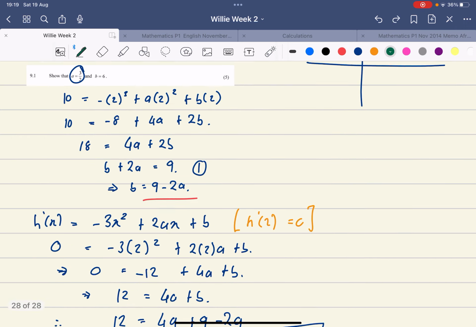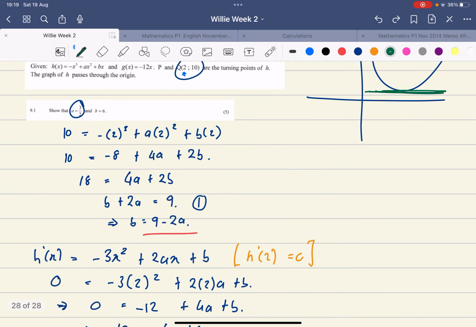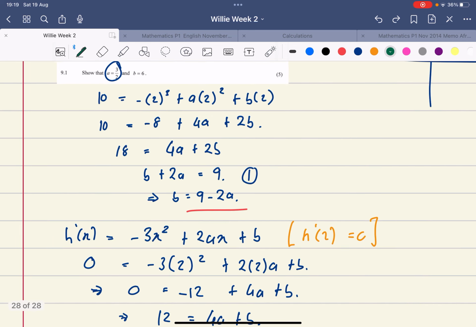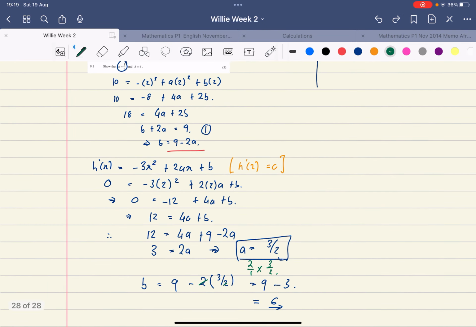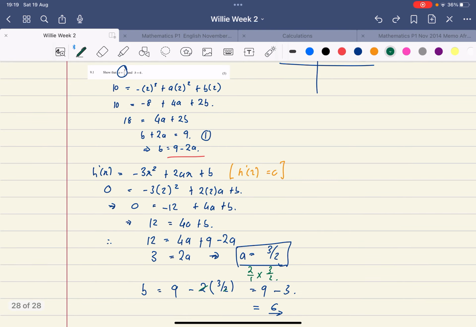So we use that fact to find this equation here. And then we also use the fact that the function evaluated at 2 is going to give us the y value 10. And that gave us equation 1. Then we solve equations 1 and 2 simultaneously to find a and b respectively.